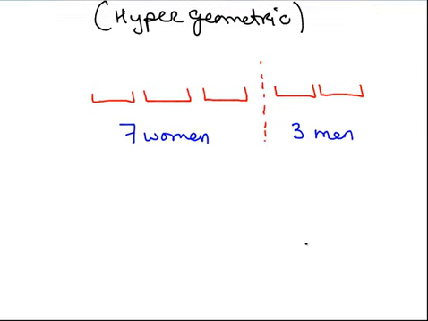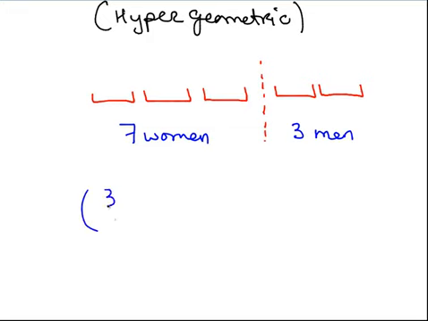Okay, so what we have to do here is use the multiplication rule. For example, how many ways are there of picking 2 men from 3?